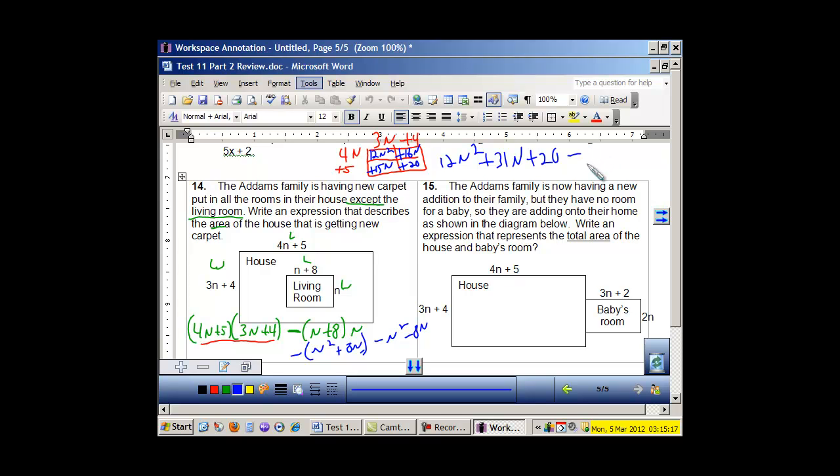So I have minus n squared minus 8n. Okay, so there it is. What does that mean? I have 11n squared. And 8n from 31n is plus, what was that, 23n? And then plus 20. Did I get them all? Let's see. Yeah, I got that, subtracted from that, 31, 8's 23, and then 20. Yep, there's my answer.